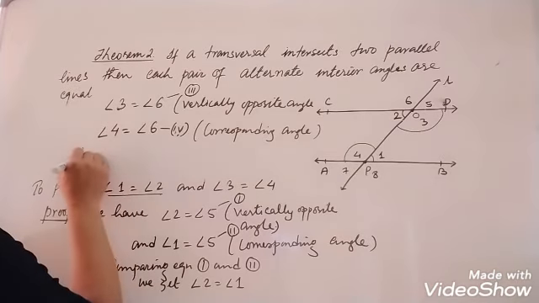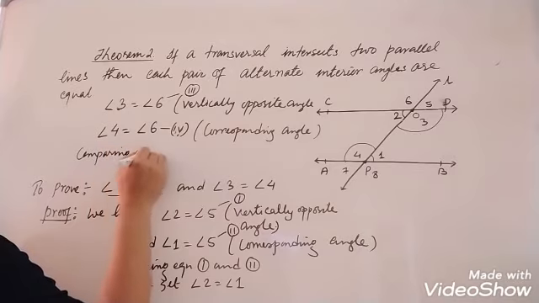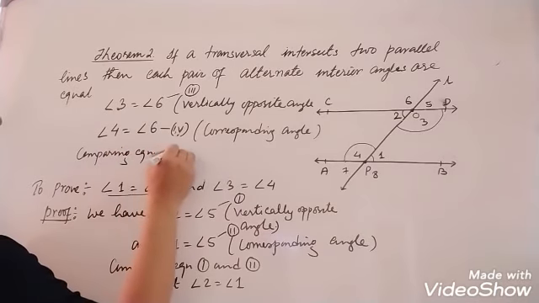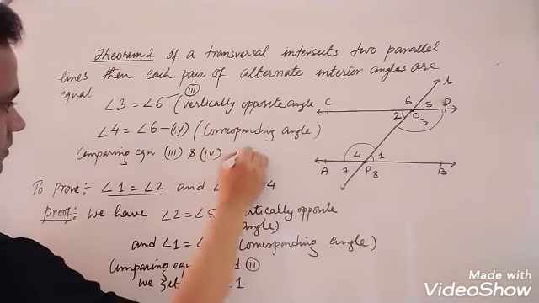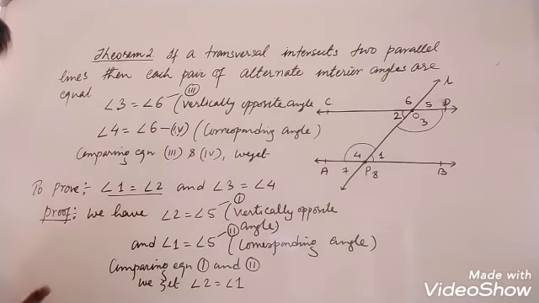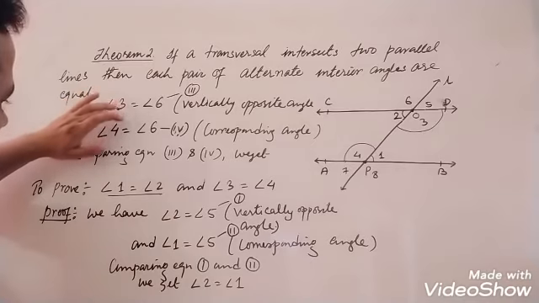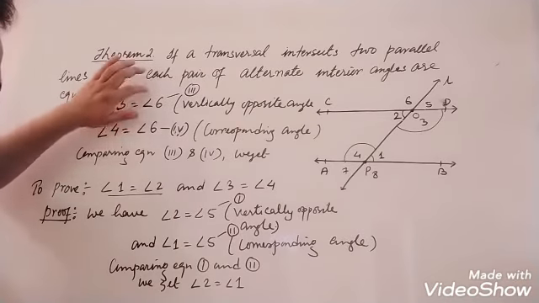So comparing equations 3 and 4, we see that the right hand sides are equal: angle 6, angle 6.